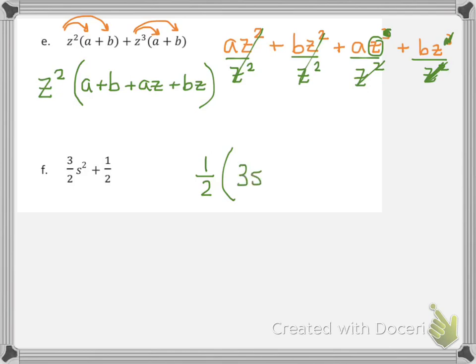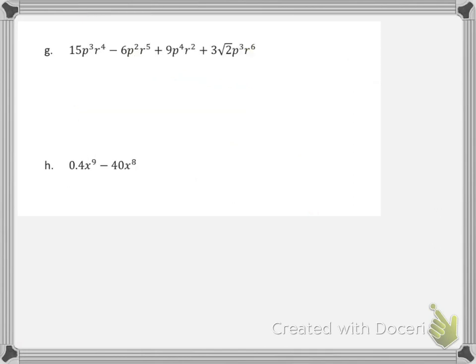And s squared is still there. And then how many 1/2 are in 1/2? Well, that's 1, a positive 1. So I get that expression factored. 1/2 is my GCF. I'm left with 3s squared plus 1.